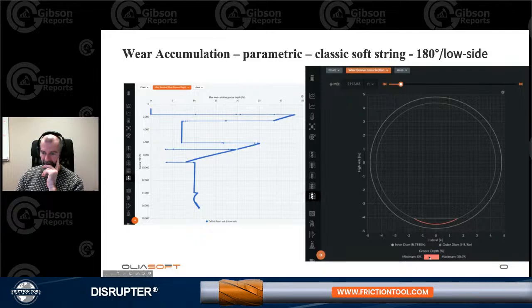This was run with an exaggerated wear factor. As you see here on the right hand side, we're at 30% something. We're located at 2,200 feet, so we're here, at around 30%, and it says here it's 30%. So okay, let's look at how it looks further down.